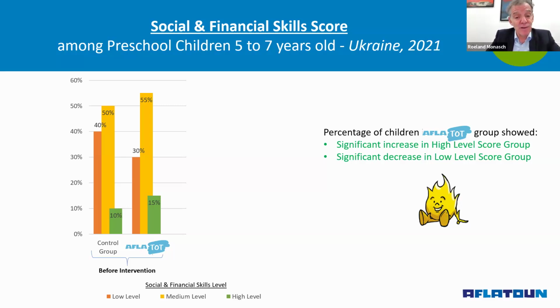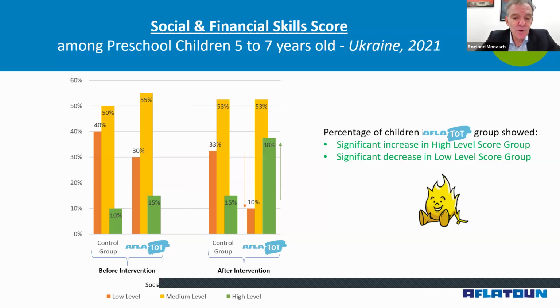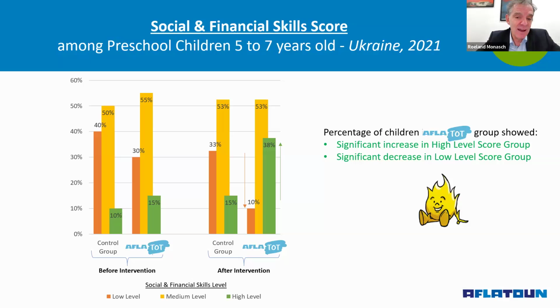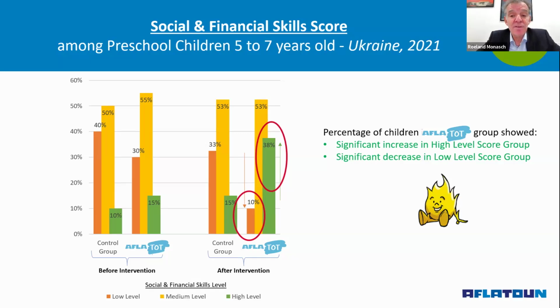Then they did the intervention of AflaTot. If you look at the control group, the children who did not get AflaTot, the situation remained the same. It's slightly better, going from 10% high to 15% high. But in the group which received AflaTot, the share of children who had low level went down significantly, and the percentage of children who had high level went up significantly.